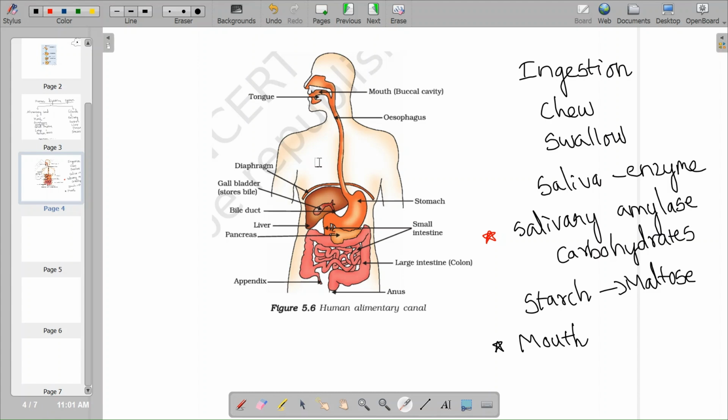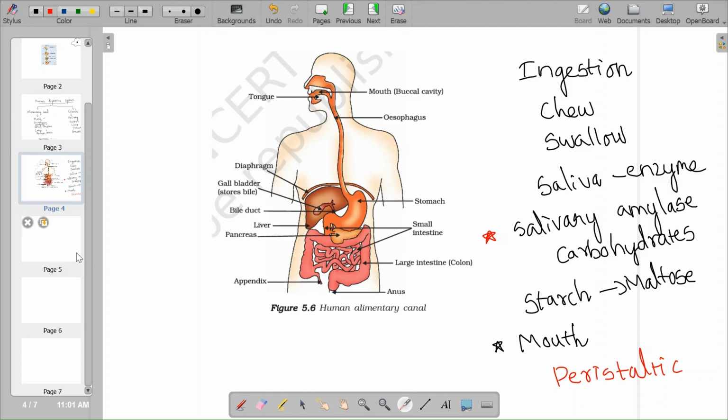It is a rhythmic movement. The esophageal muscles contract rhythmically to push the food forward. This movement is called peristaltic movement. After peristaltic movement, the food reaches the stomach.